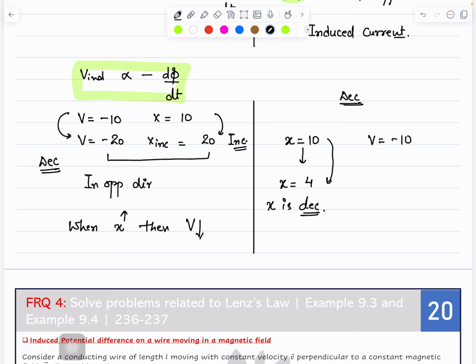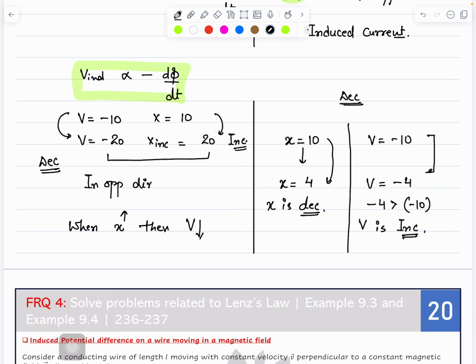Declining? So what should be the value of V? Can I say V is negative 4? Negative 4 is bigger than negative 10. Can I say V is increasing? Clear? It means it is in opposite direction.